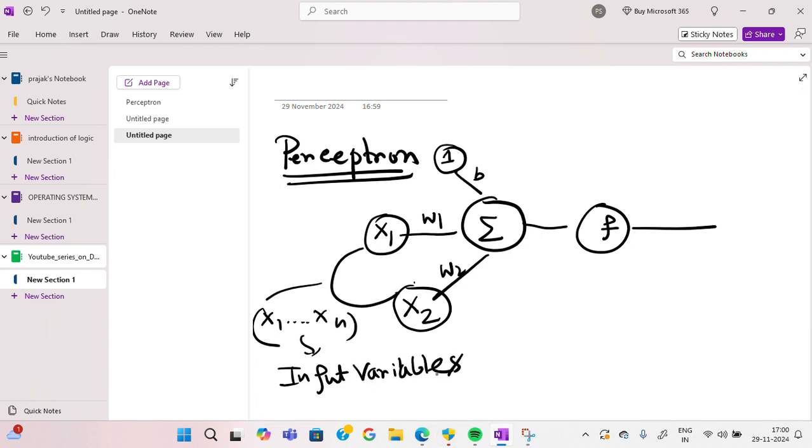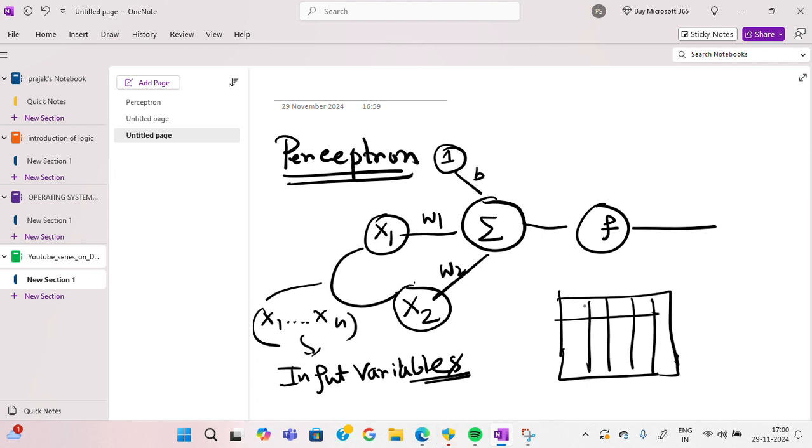If you have a data set of n input columns and you want to pass these variables into your perceptron, then the input variables will be increased.